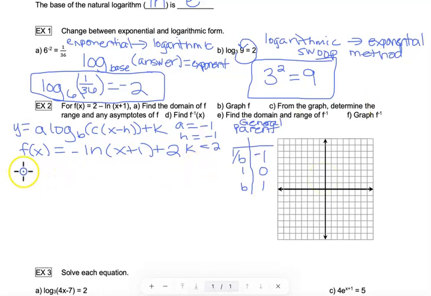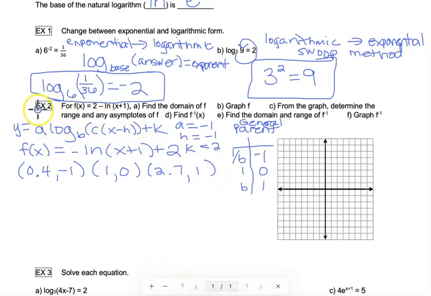So in this case, my particular 3 points, because this is a base e logarithm, it'd be 1 over e, so that'd be 0.4, -1. Then I would have 1, 0, and then I'd have e, which is about 2.71. So those are my original points.